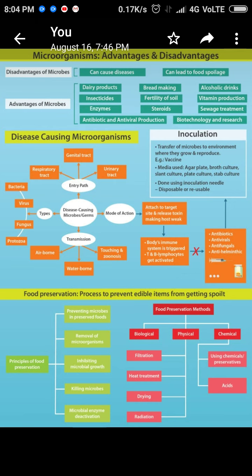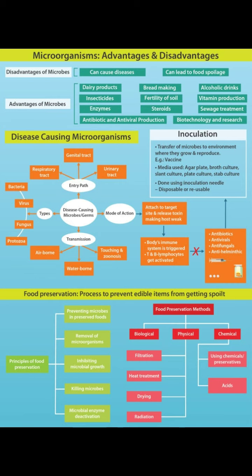And the mode of action is that it attaches to the target site and releases toxin, making the host weak. The body's immune system is triggered, and the T and B lymphocytes get activated.